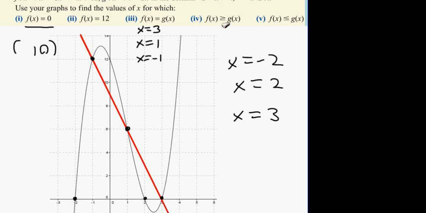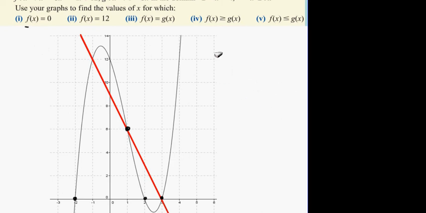Yeah. Now, when is your curve bigger than your line? Anybody recognize when is your curve bigger than your line? Let's start off, okay? At -2, it's easy to see that the curve is below the line. Do you see that? Now, when are they equal to each other? So we're doing part 4 now, guys.